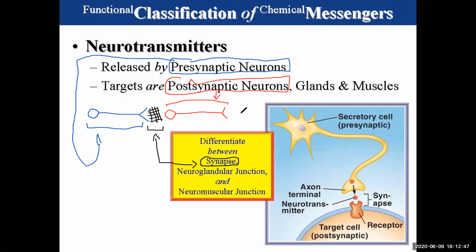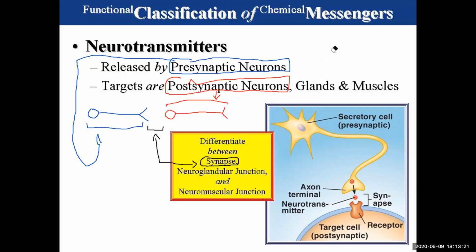Pre because it's located before the synapse. Post is because it's located after the synapse. The synapse is the black grid here, reflecting a microscopic space. So there's no physical contact between the pre and postsynaptic neuron. So literally, in that microscopic space, you would have chemical messengers released into it, right?